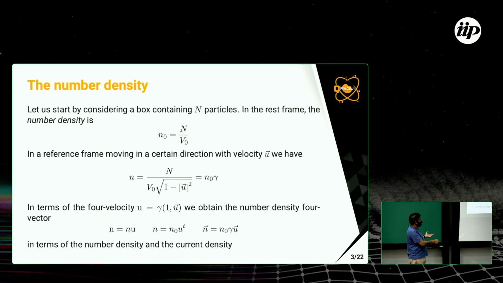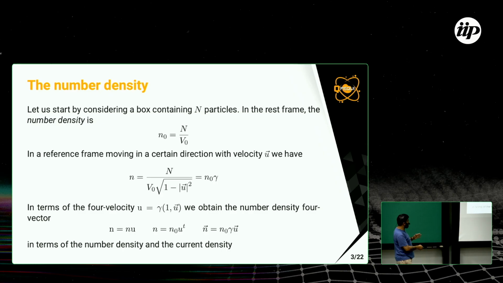This is the usual way we define densities, and this is the time component, the density that we just wrote here, and this is the current in the direction of motion. Okay, so we can define this four vector in which the time component is a density, and the space component is a current density.